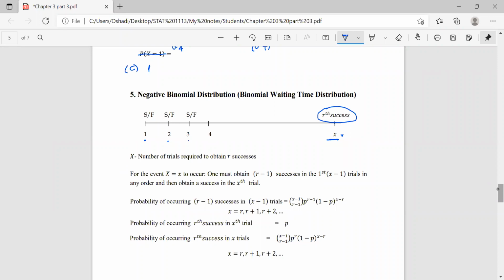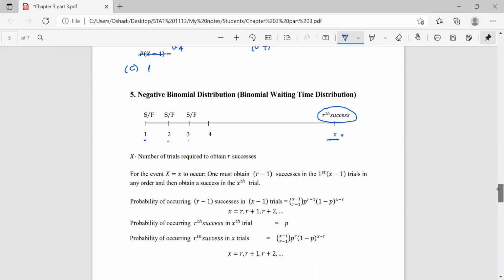In the negative binomial distribution, the number of successes is given, and we want to find how many trials are required to obtain it. So that is the difference between the negative binomial and binomial distributions.